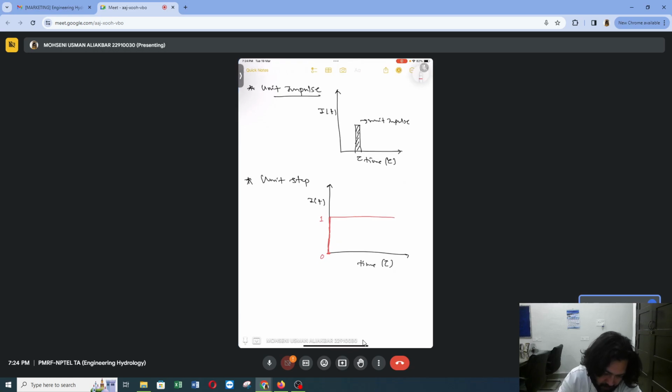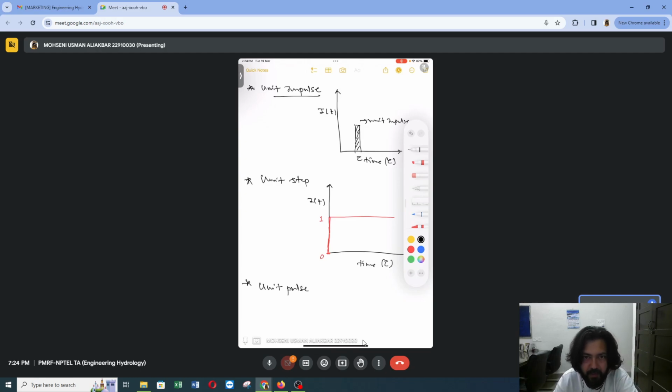And the last we call the unit pulse. Unit pulse is the same as the unit impulse, but the unit impulse is applied at any instantaneous time, whereas the unit pulse is applied for a predefined time. Let us say that time is delta t. If we apply a unit pulse over a period of time, we call it a unit pulse. If we apply it instantaneously at any given time, we call it an impulse.